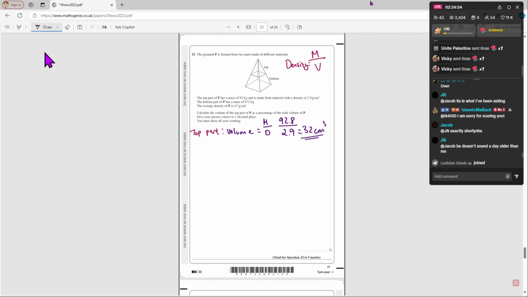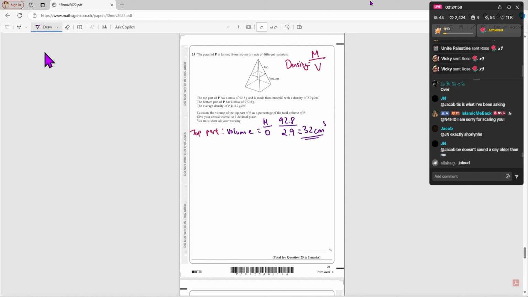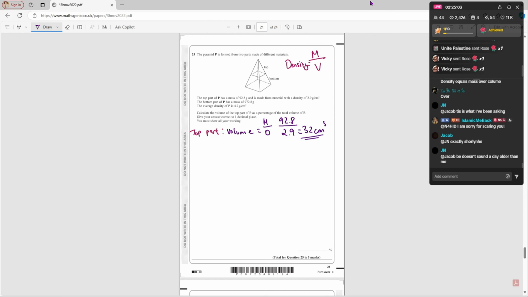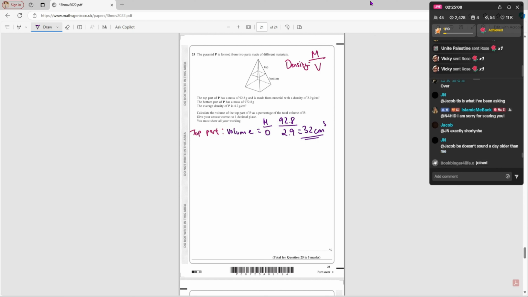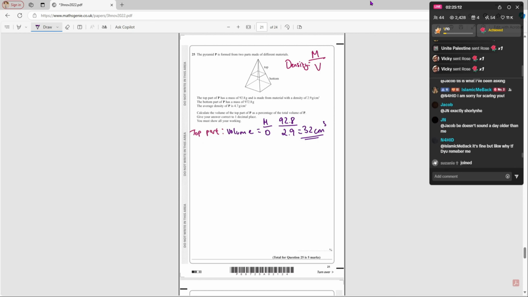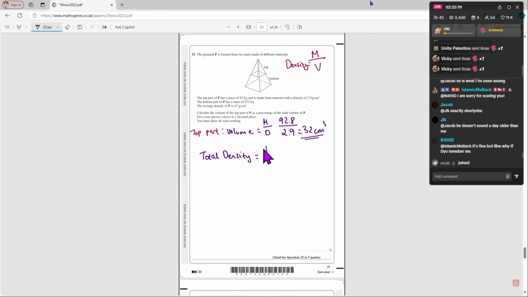Once we have done that, we do the same thing, but we're going to work out the total density. To work out the total density, it's going to be the total mass divided by the total volume.